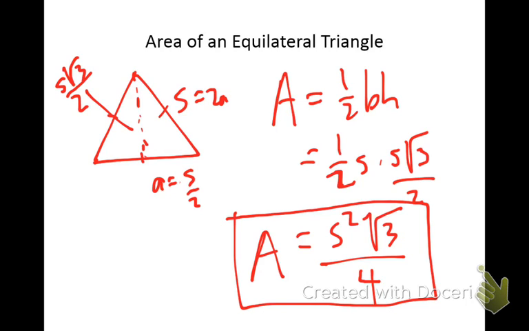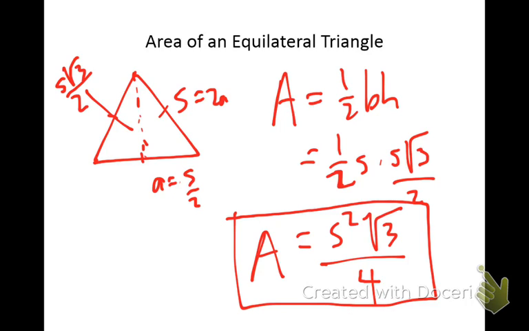If you don't remember the formula, then you can do your 30, 60, 90, label the sides, do 1/2 base times height. You're going to get the same thing, right? Like we had this equilateral triangle with the side 6, and we came up with 9 radical 3.